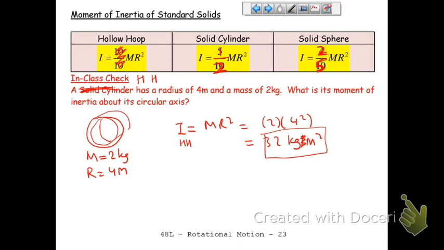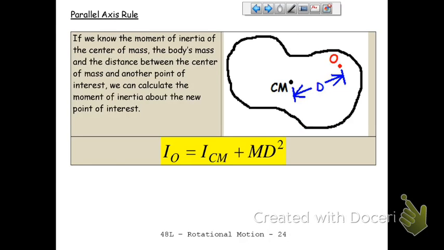Let's say we want to go through an axis which is not through the symmetrical center. Well, let me back off a little bit. So first of all, if I take a potato, it has a center of mass. Agreed?